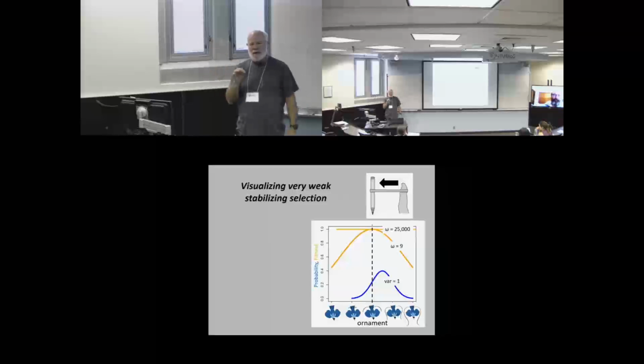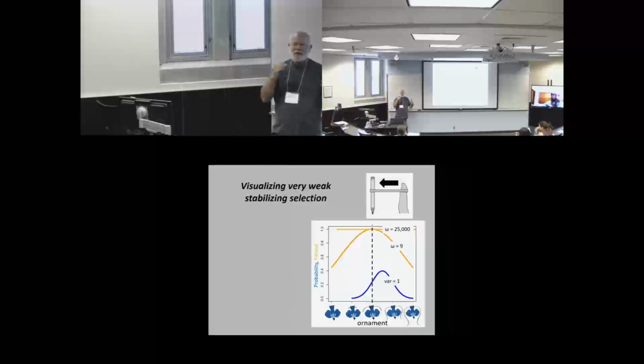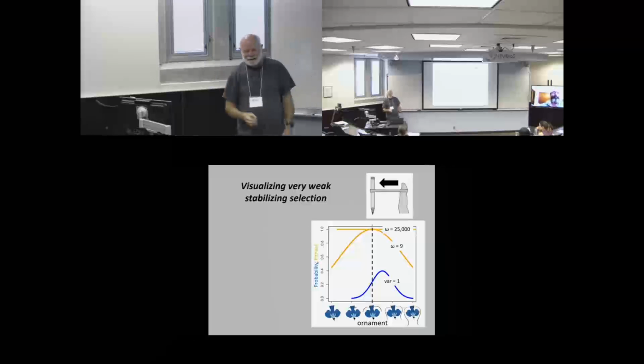But the point is, we have virtually no estimates of the strength of stabilizing selection on preferences. But when any of us think about it, we're thinking about maybe 10 times as weak, and here we're saying it's like 3 orders of magnitude weaker than selection on morphology.